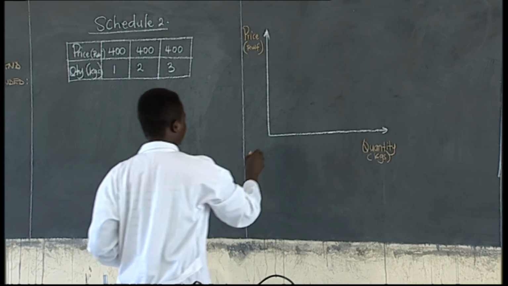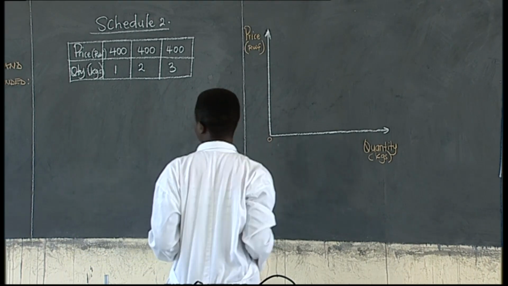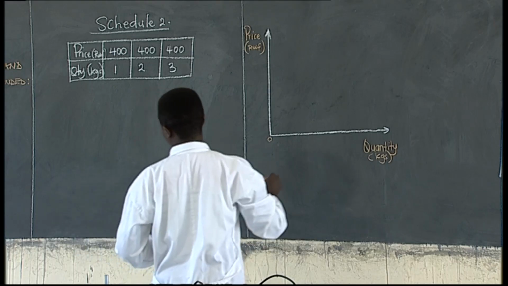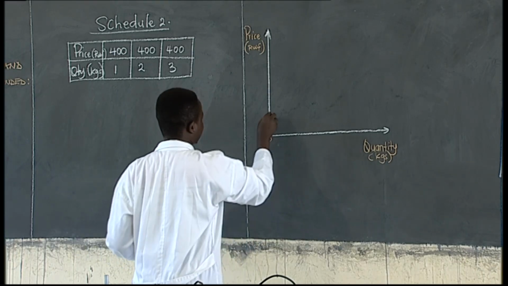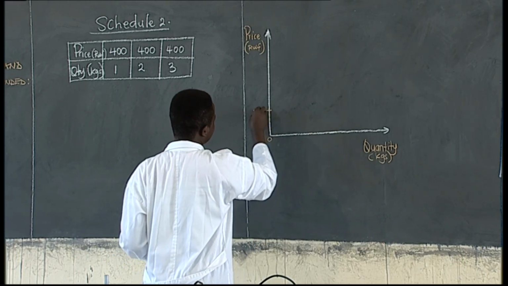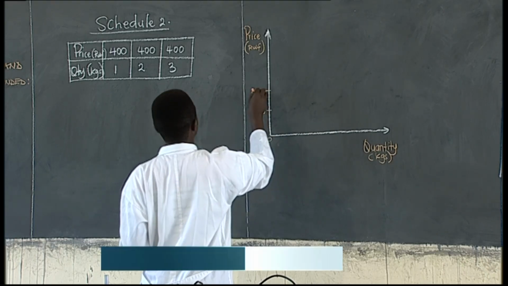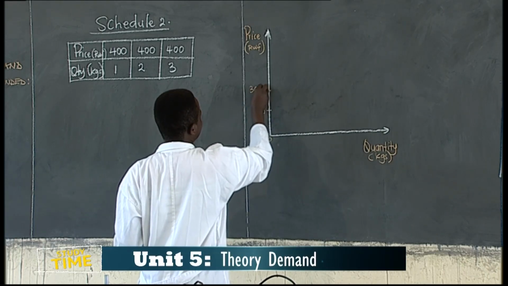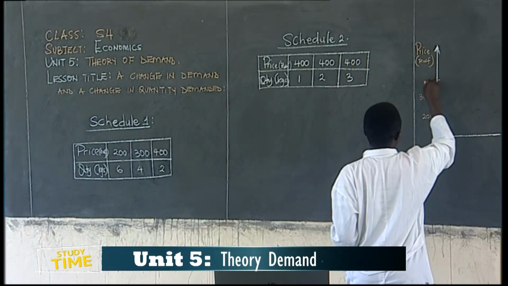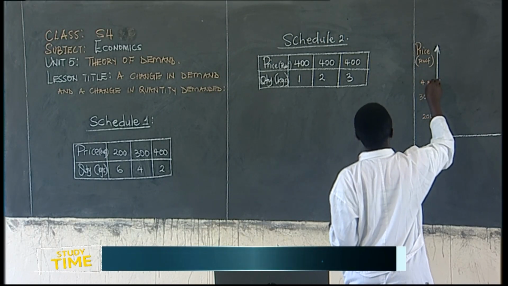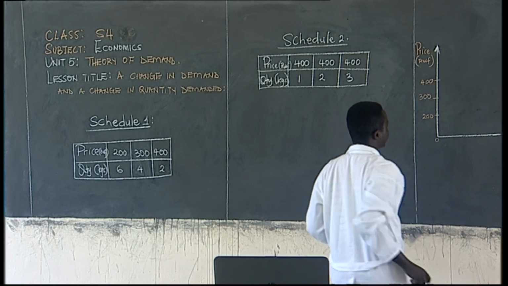Then you can check, on price, we have 200. Then the price increased to 300. Then from there, it increased to 400.